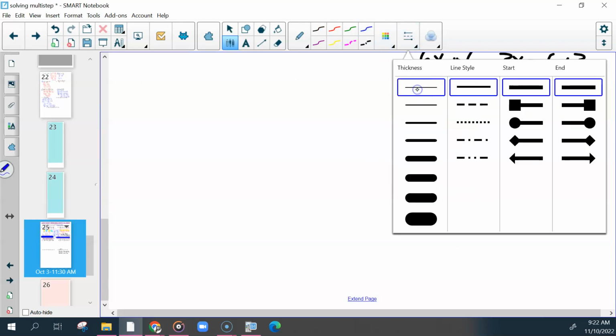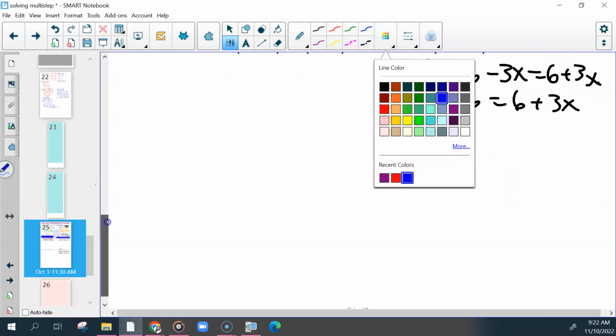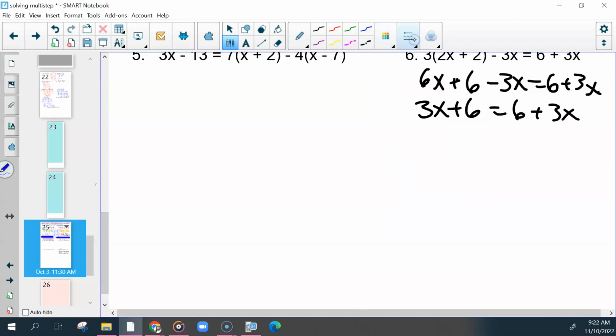If not, you could have kept going. Let's say I got rid of just my 3x, then I'd have 6 equals 6. That's a true statement. If I got rid of everything, I'd have 0 equals 0, which is also a true statement. So either way, you should have infinitely many solutions. Correct.